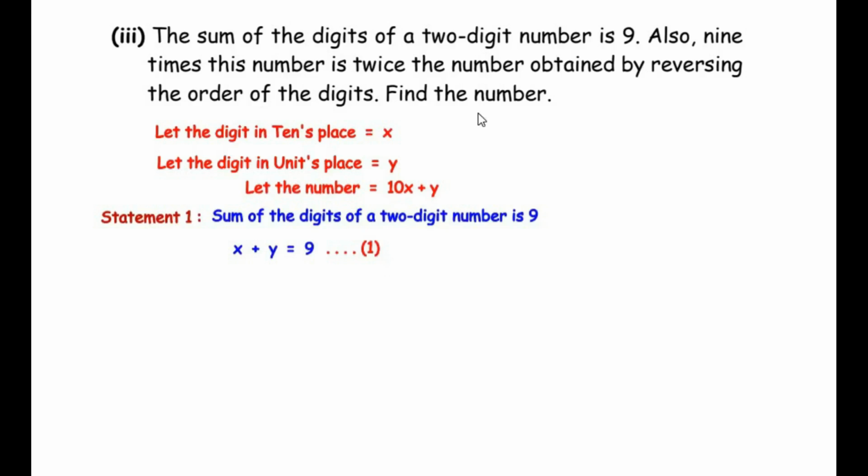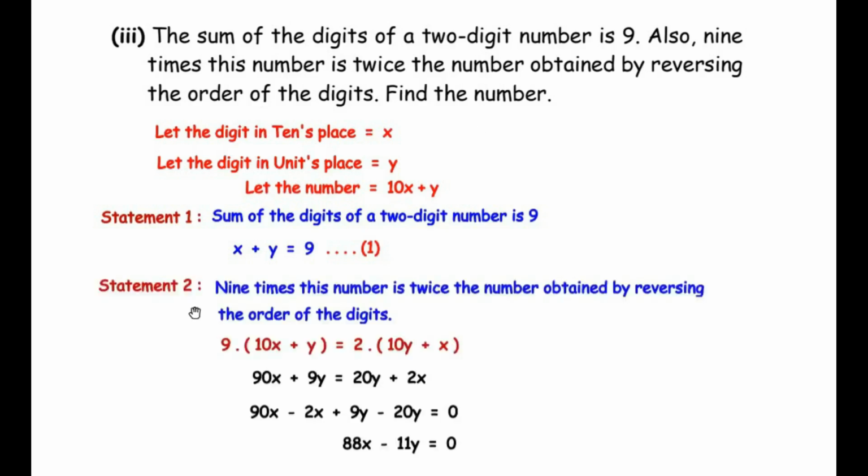Now let us focus on the statement 2. So the second statement is 9 times this number is twice the number obtained by reversing the order of the digits. Now the number here is 10x plus y. So 9 times this number means we are going to multiply 9 with 10x plus y, which becomes, in mathematics, equal to sign twice the number obtained by reversing the order of the digits.